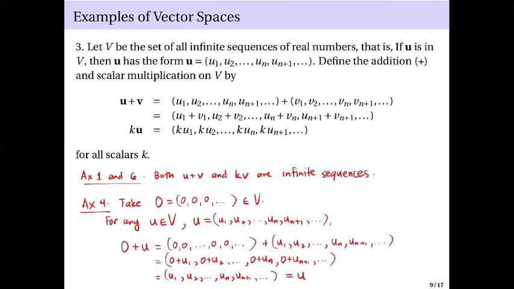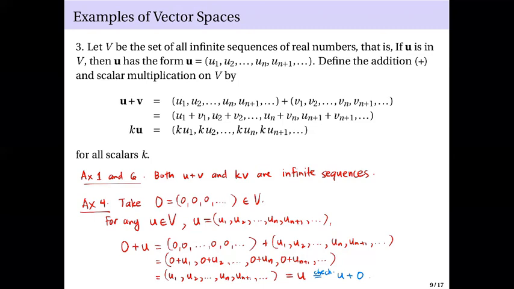And you can check, I'll just write it here, that this is also the same as u plus the 0 vector. And that's how you verify axiom number 4: you find an object that will represent the 0 vector in the set V, and once you have a candidate, you verify the property.